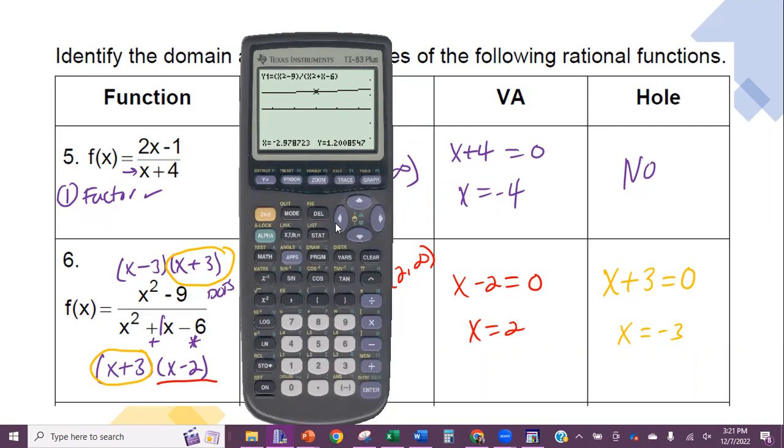No, it's literally right after this point. It's in between here and here. You can't see it. I just told you, you're not going to be able to see it because the calculator doesn't have that ability to show you exactly. And zoom in at -3. It's a hole in the graph.